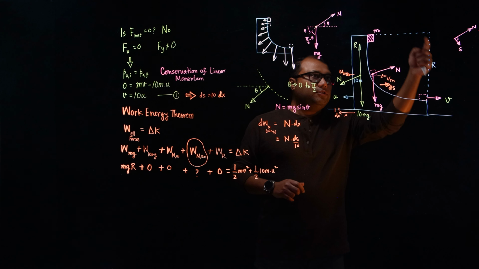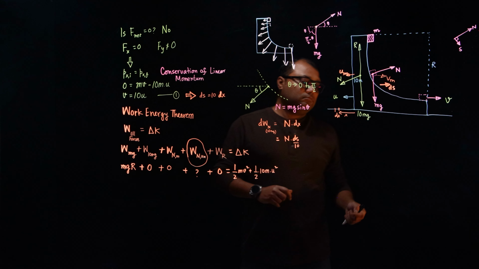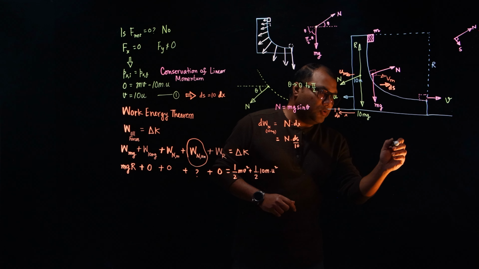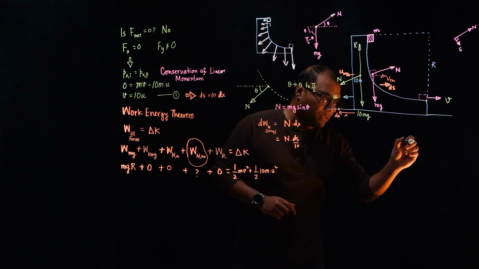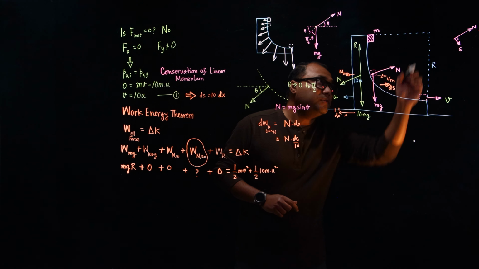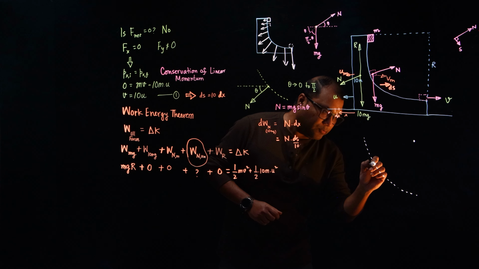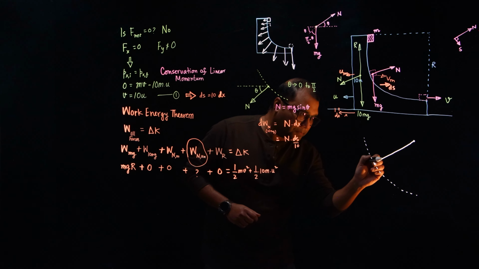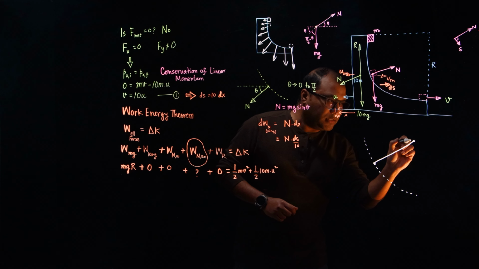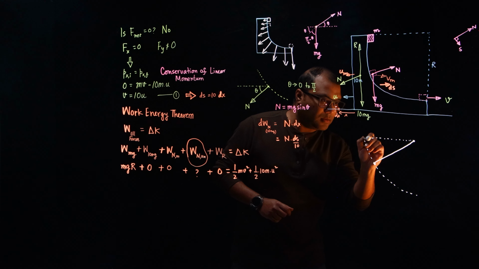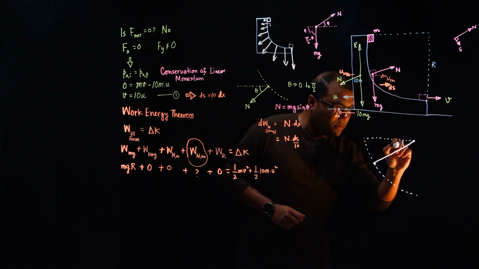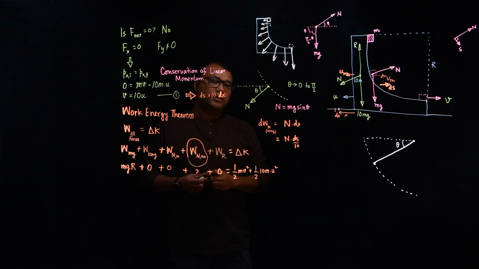Now let's look at this part in a little bit more detail. Let's say this was the center of the quarter circle, and this one was the part of the quarter circle. Let's say we are examining at some point, at angle theta with the horizontal.